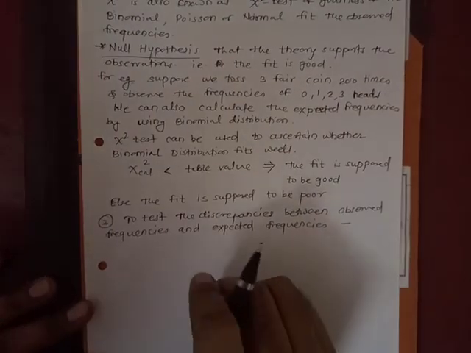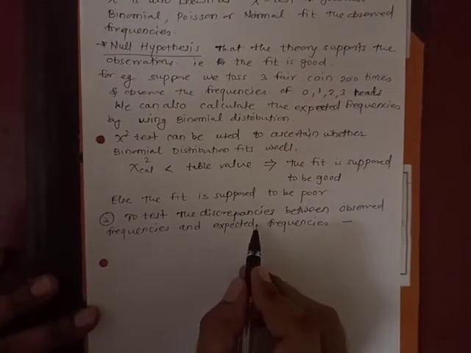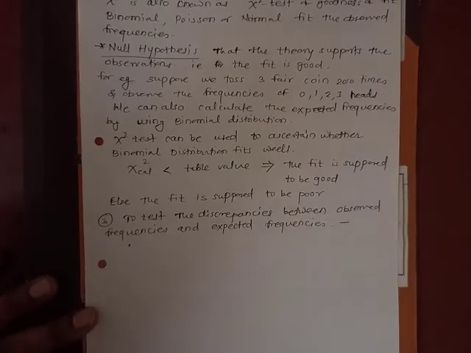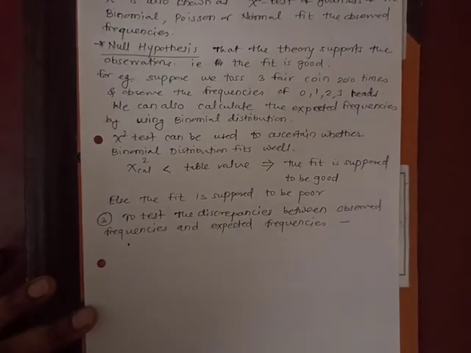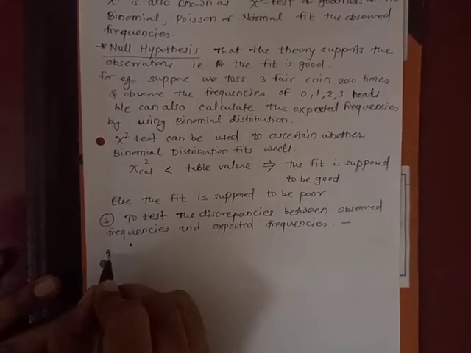Chi-square test can also be used to ascertain whether the difference between observed frequency and expected frequency is purely due to chance or whether due to inadequacy in the theory applied, right? So for this also we can use chi-square test, right?